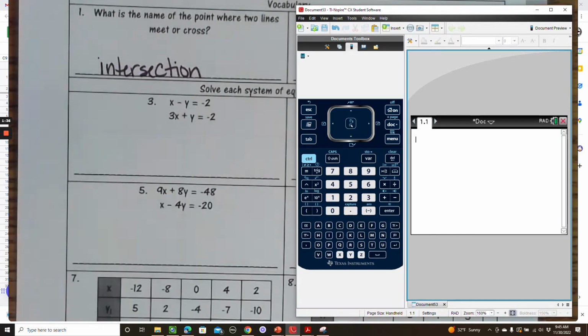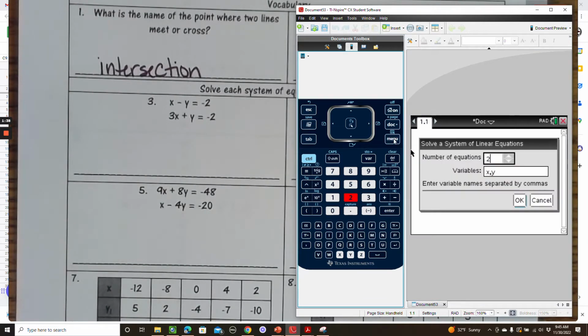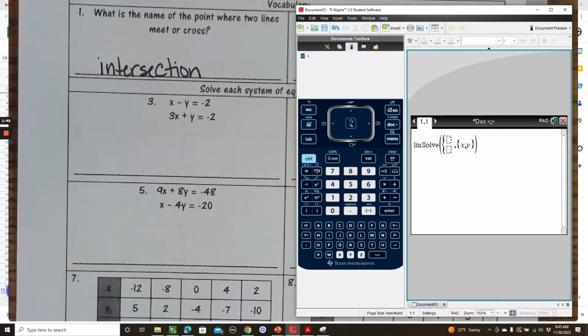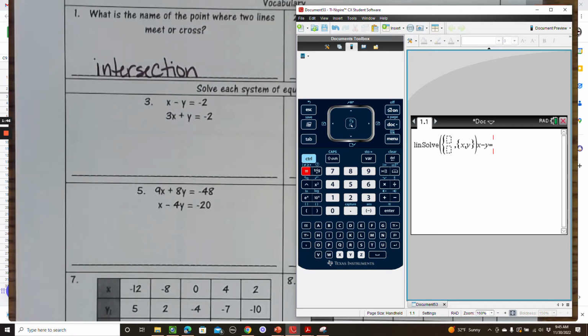For this one, I'm going to do menu 3, 2 equations. My letters are x and y, and I type them in just like this. X minus y equals negative 2, and then 3x plus y equals negative 2.